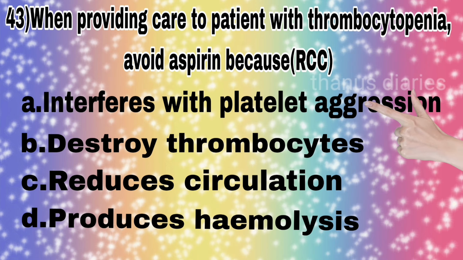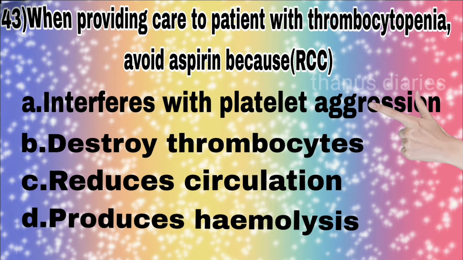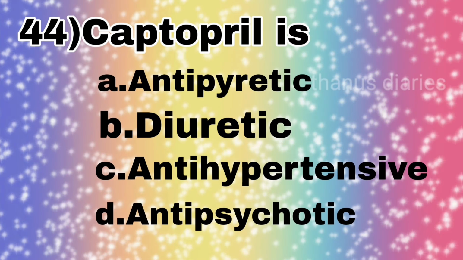It interferes with platelet aggregation. Next, captopril is antipyretic, diuretic, antihypertensive, antipsychotic. And the answer is antihypertensive.